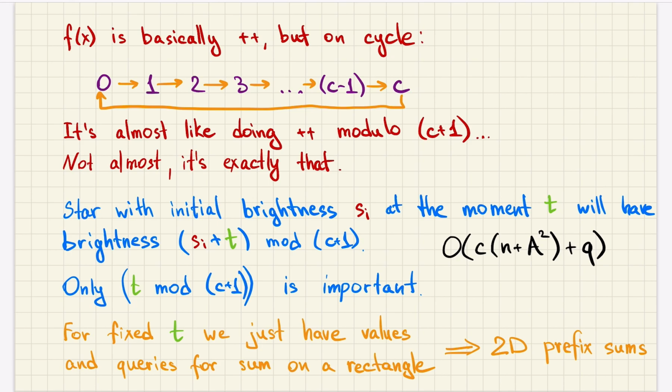So we try c plus 1 values of t. For each of them, we calculate current brightness for each star, and then we have to prepare prefix sums on a two-dimensional grid, and that is done in time proportional to the area of that grid, which is a square, where a is the limit on the coordinates, which is 100 in this case.